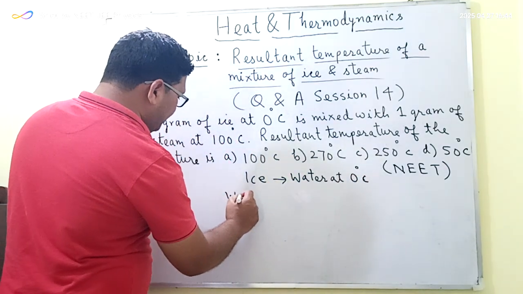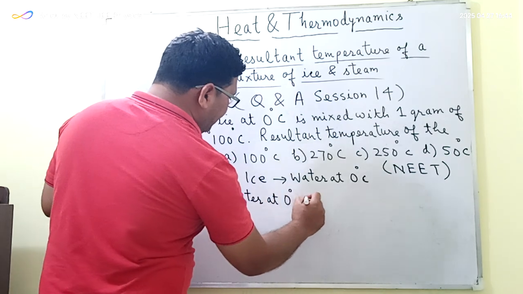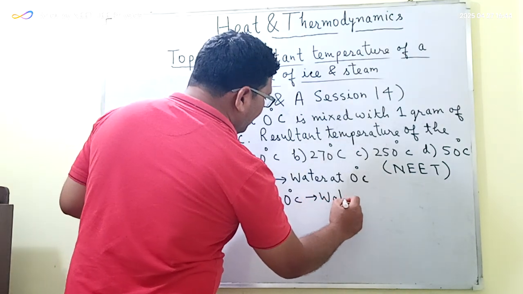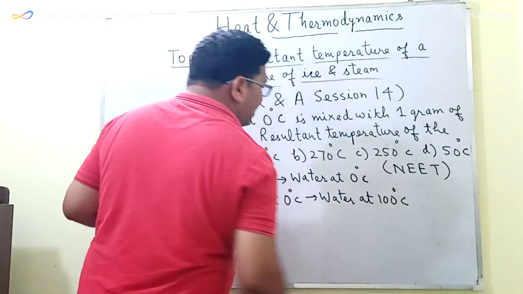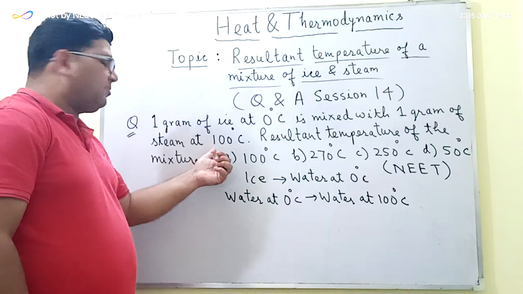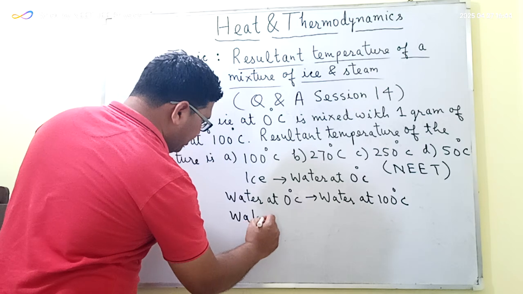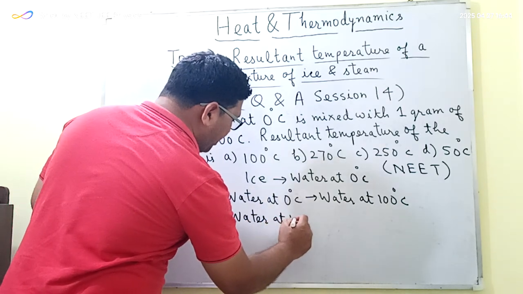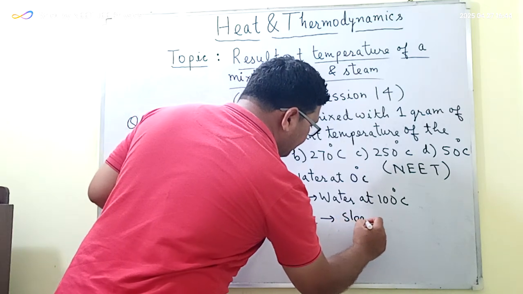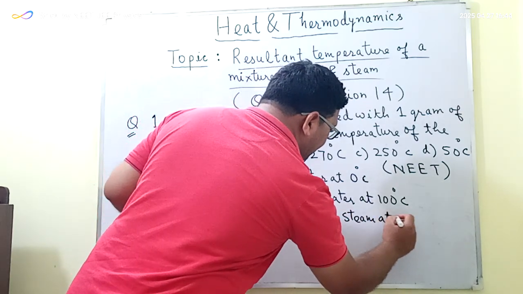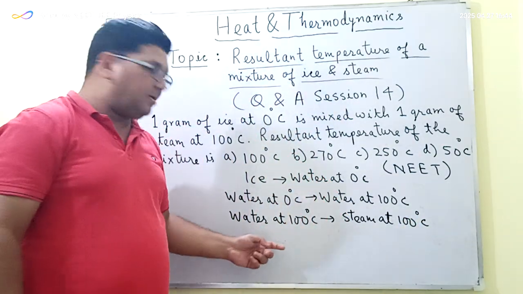Then this water at 0 degrees centigrade will get converted into water at 100 degrees centigrade by absorbing the heat energy from the steam, and then this water at 100 degrees centigrade can get converted into steam at 100 degrees centigrade if sufficient amount of heat energy is available.